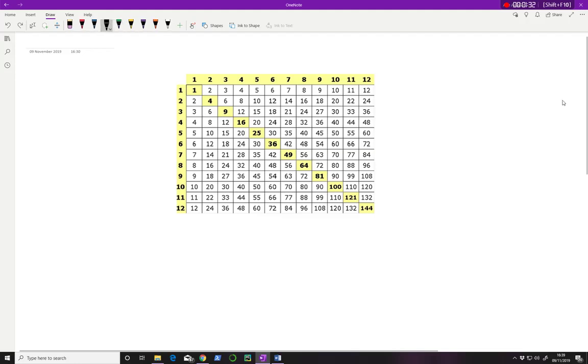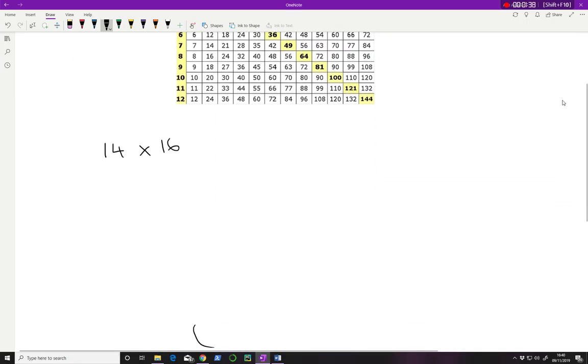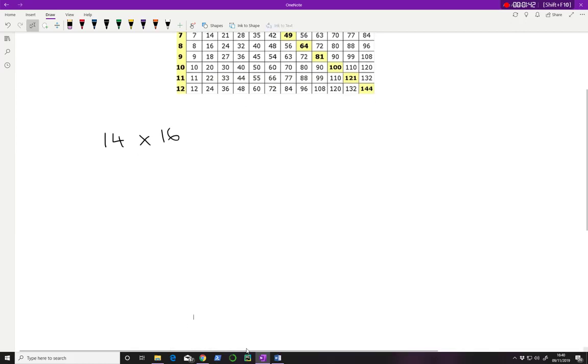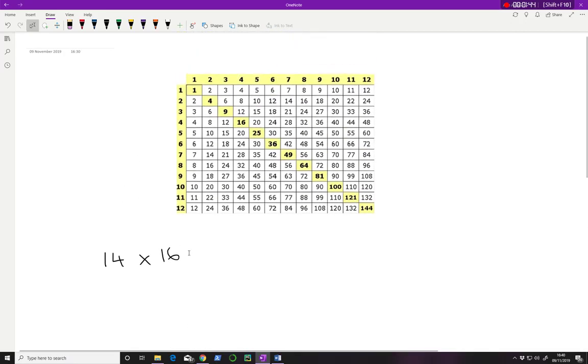So let's take an example, 14 times 16. Now, you would probably just want to put that in your calculator and just do it. Now, this isn't anything practical. If you're doing quick maths at the store, or you just want to get an answer quick, okay, fair enough.